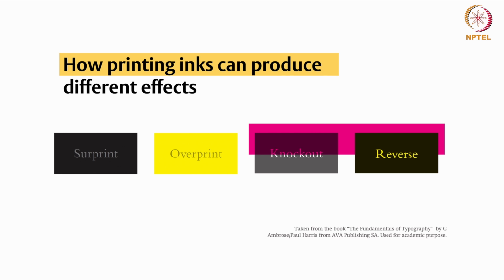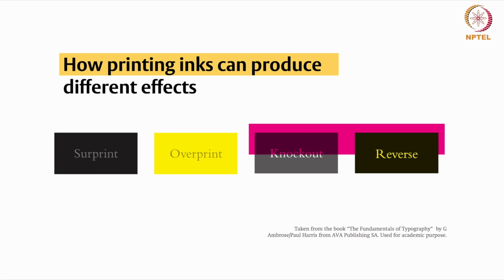In contrast, if you look at the reverse concept, a reverse sees one color printing out of another, not allowing any other elements to show through. So it totally blocks the color.